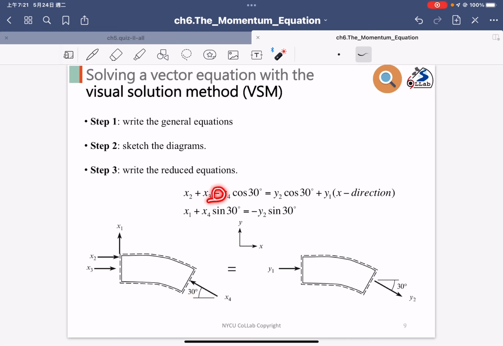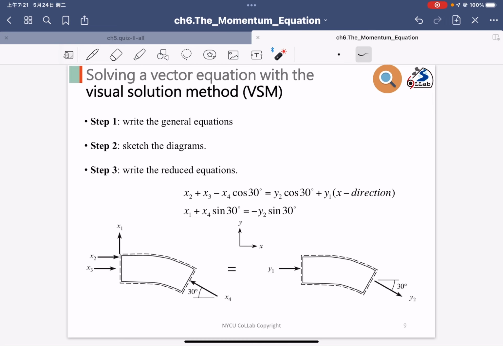So you can see the negative here, and it will equal the right hand side vectors. We have y1 along the x direction, and we need to project y2 with cosine 30 degrees, and we have the x direction contributed by y2.